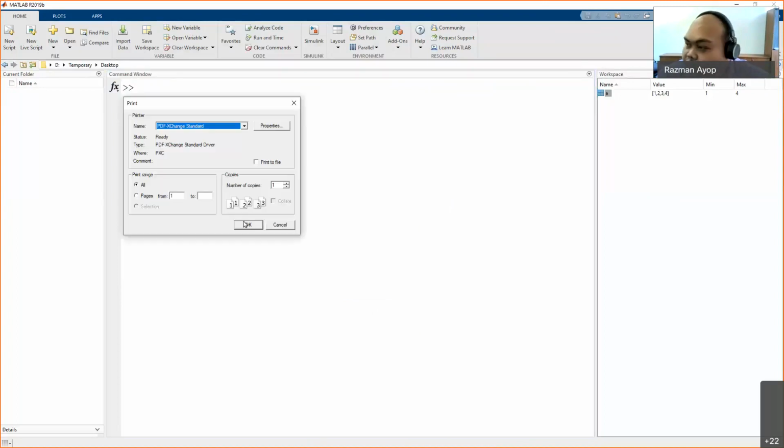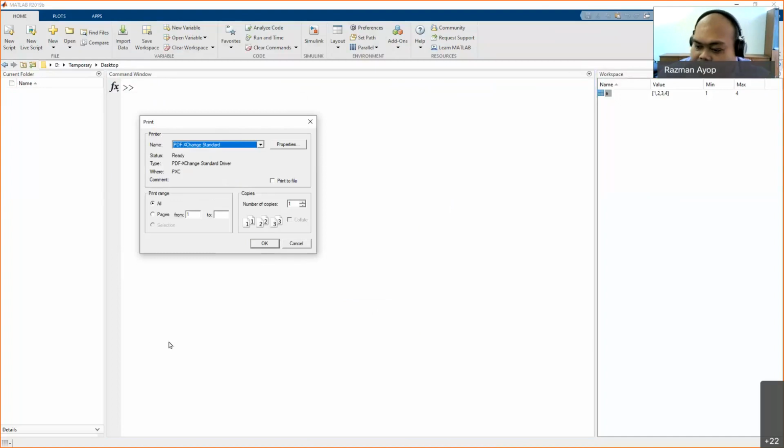Make sure you print your command window. Do not clear it, just print it.